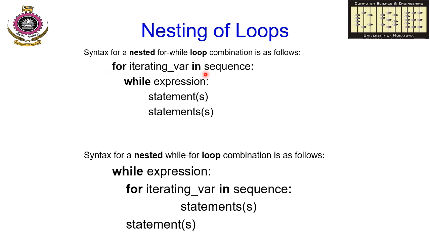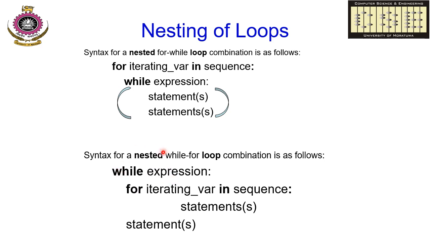The outer loop is a for loop and the inner loop is a while loop. Once again, you have to carefully define the while loop and control it, because otherwise it can run forever and not stop, and it will give unexpected results from your computer program.